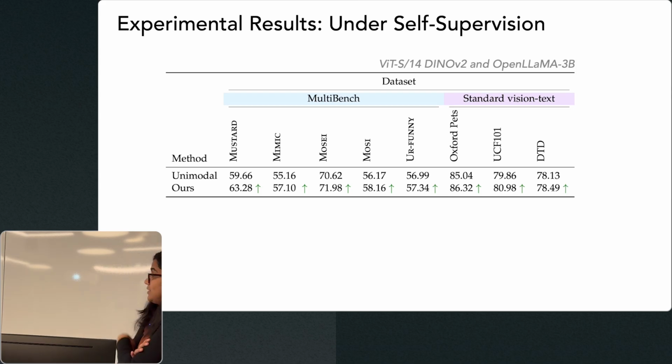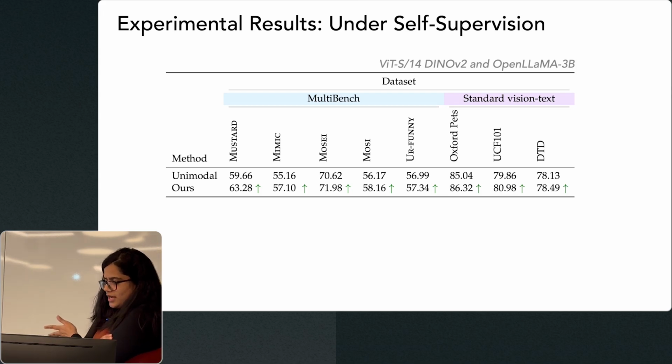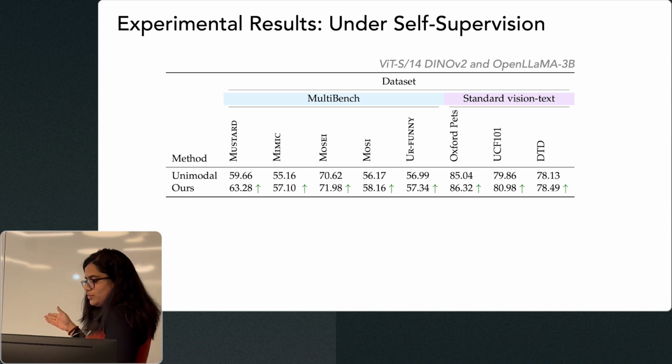These are some of the data sets, and they range between healthcare, animal detection, sarcasm detection, and so on. The first row in this table corresponds to the unimodal baseline, which just means that I take images from each of these data sets individually, and I train a model on top for whatever downstream task of interest I have.